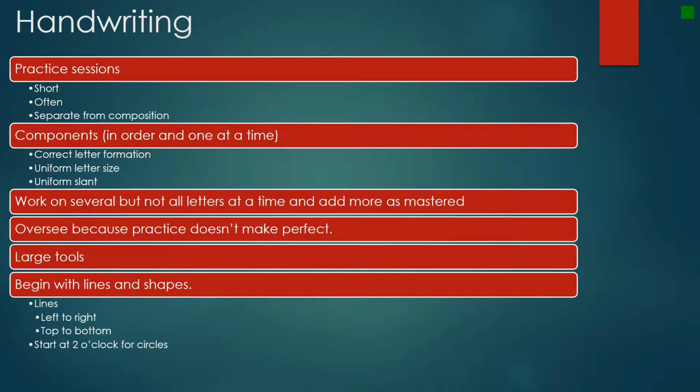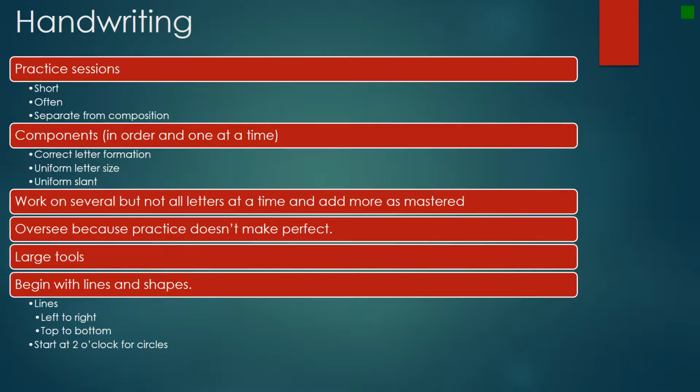Now when they get to publishing, perhaps you can require that they write in cursive or that they use a certain form, that they have their best handwriting. However, for all of the drafts that happen in writer's workshop, we should not be burdening students with worrying about their handwriting.